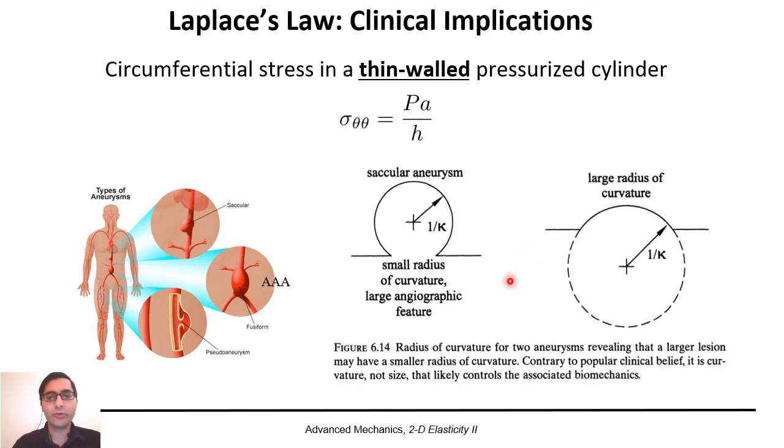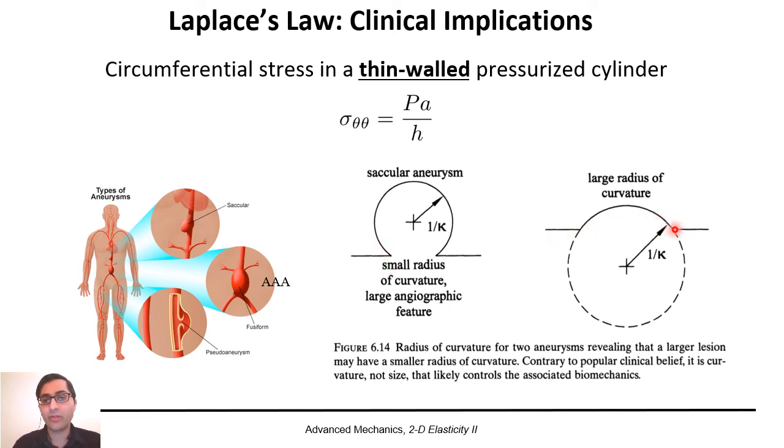An interesting point might be that the radius of curvature of these aneurysms results in a higher circumferential stress and more dangerous cases rather than the size.